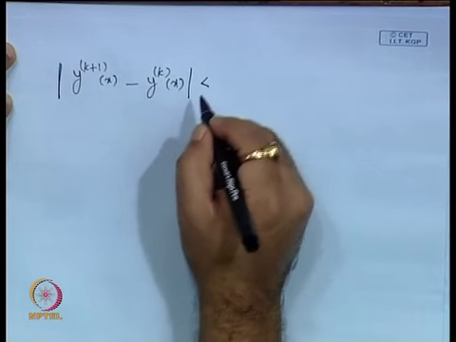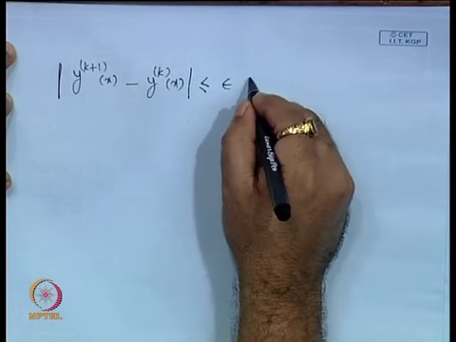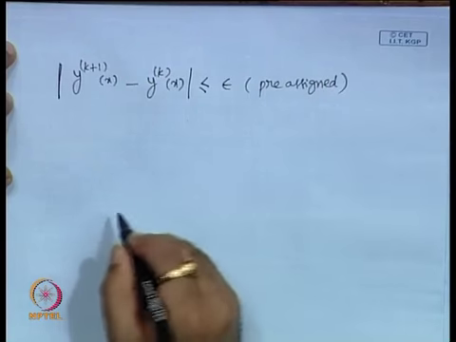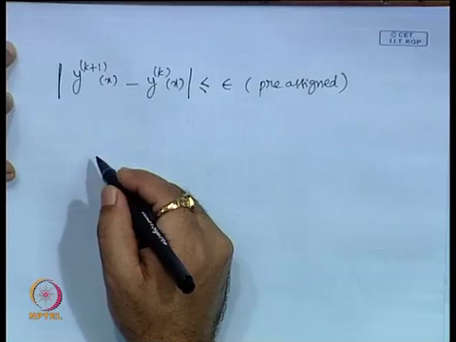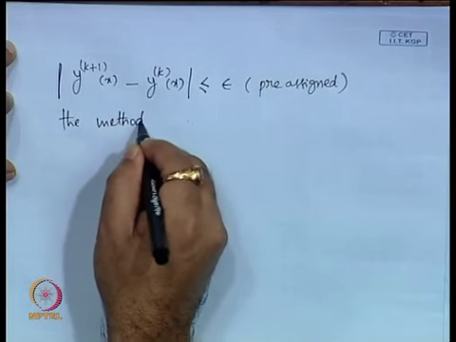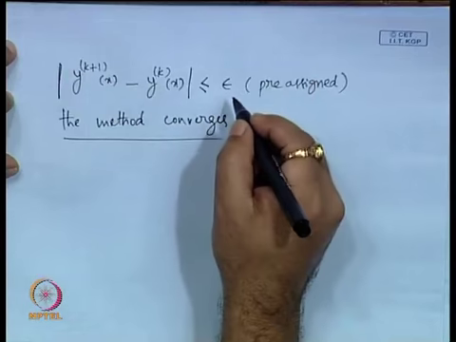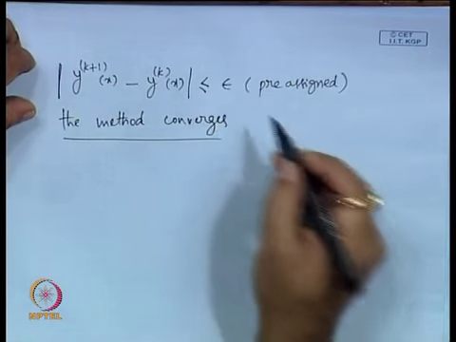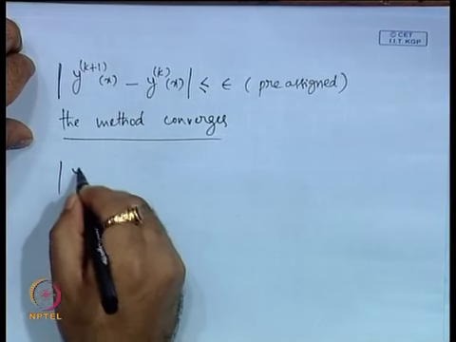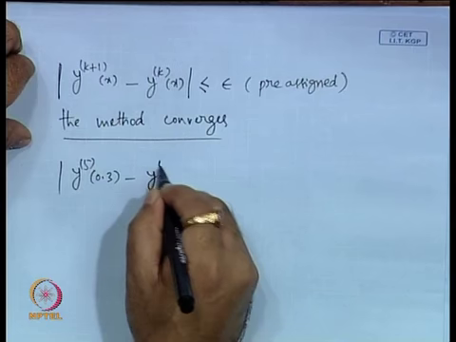If this is less than or equal to some epsilon, where epsilon is pre-assigned, then we conclude that the method converges up to our pre-assigned epsilon.